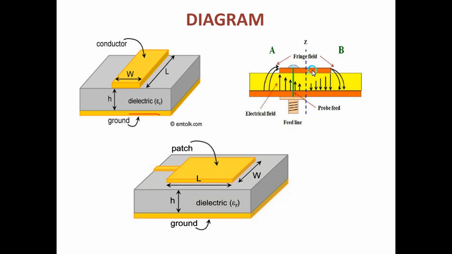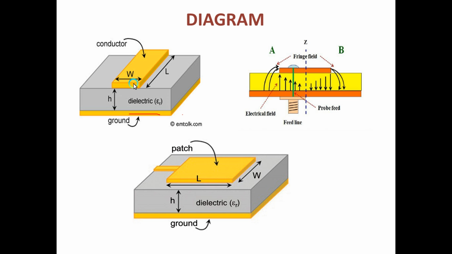the energy is transferred from one end to the other end. Due to the transmission, some fringing field is radiated. That fringing field is responsible for radiation. But in the transmission line, the fringing field is very small.